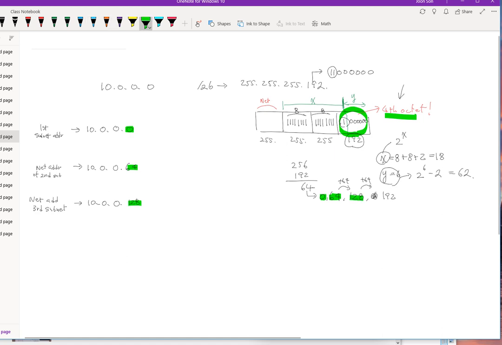So 128, and the last one is 192, and the network address of the fourth subnet is 10.0.0.192, right? Oops, 192.